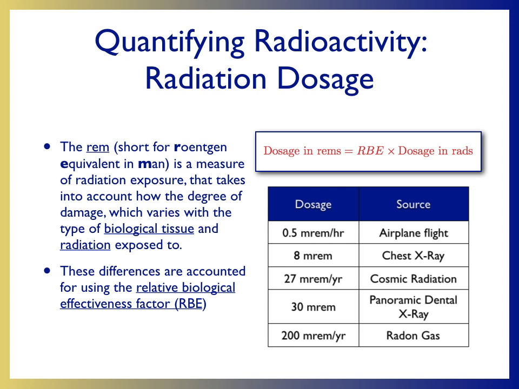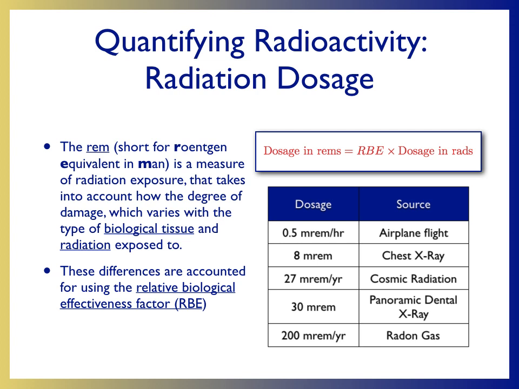An airplane flight gives you a half of a millirem per hour, which is a small amount more since you are closer to the end of the Earth's atmosphere. Chest x-rays, or x-rays at the dentist, give you between 8 and 30 millirems. A smaller amount of radiation.